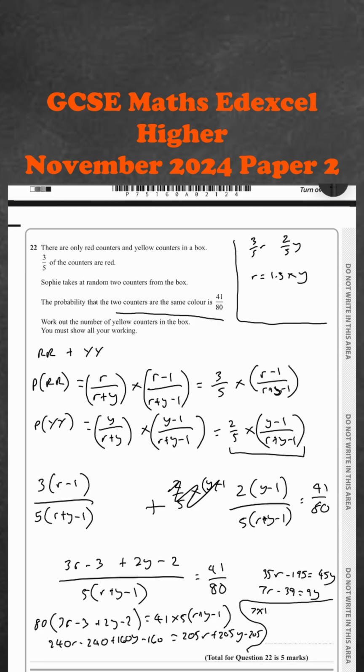So 7 times 1.5y minus 39 equals 9y. That means 10.5y minus 9y equals 39. 1.5y equals 39. So 39 divided by 1.5 is 26. And our answer, which is what we want, the number of yellow counters, y, is 26.